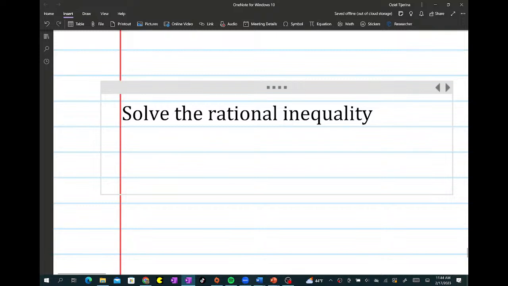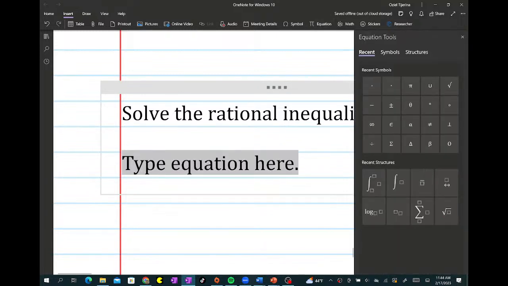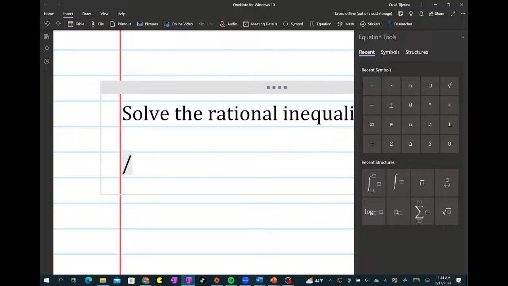Again, I've done this problem in a video, but I'm going to do it in a live stream so that those of you that do ever watch it can see exactly what I'm doing here. So it was (x minus 1) over (x minus 3) is less than or equal to 0.